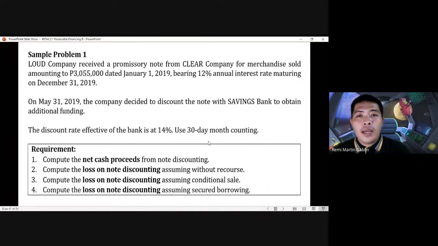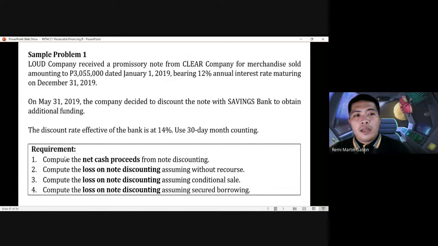So therefore, in a year, we only have 30 times 12, 360 days. Although in actual counting of the days in a year, it is either 365 or 366. Tama ba? At most, 365. Kasi nga, usual naman yung 365 na counting.